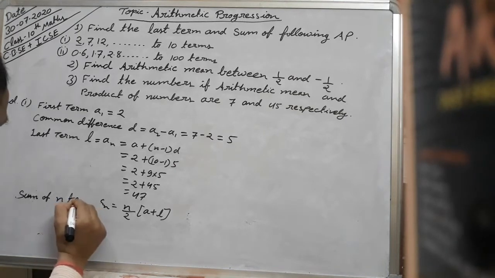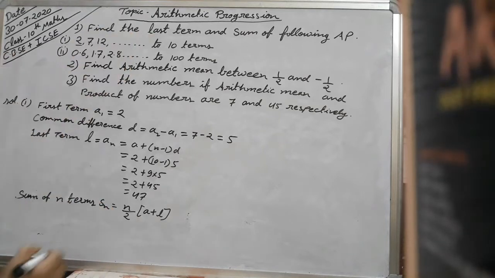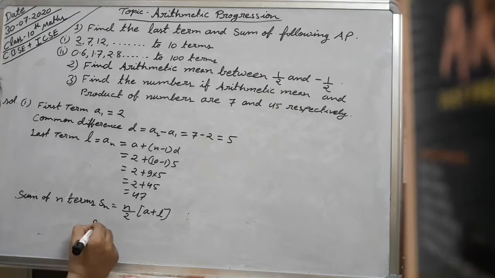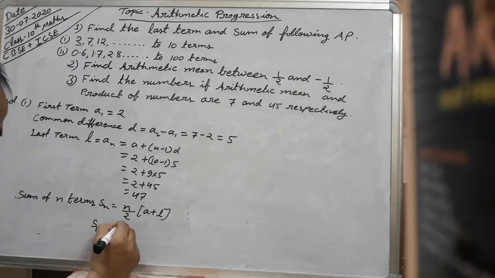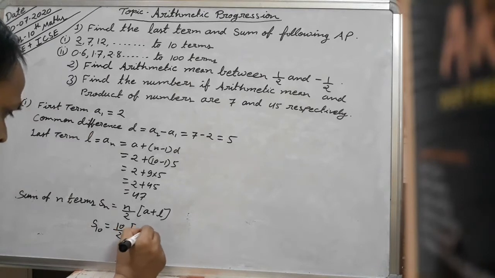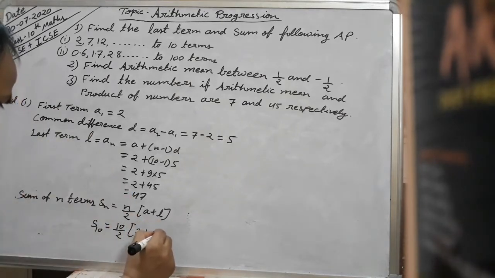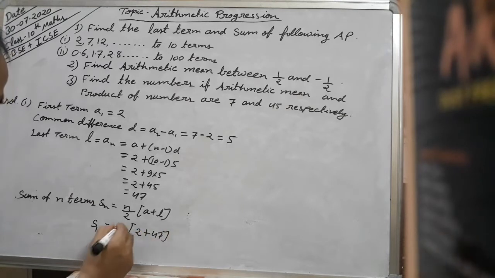Okay. Now, how many terms are there? 10 terms. Therefore, S10 is equal to, number of terms 10, therefore 10 by 2. And here, what is first term? First term is 2. And last term is 47. 10 by 2, that is 5.